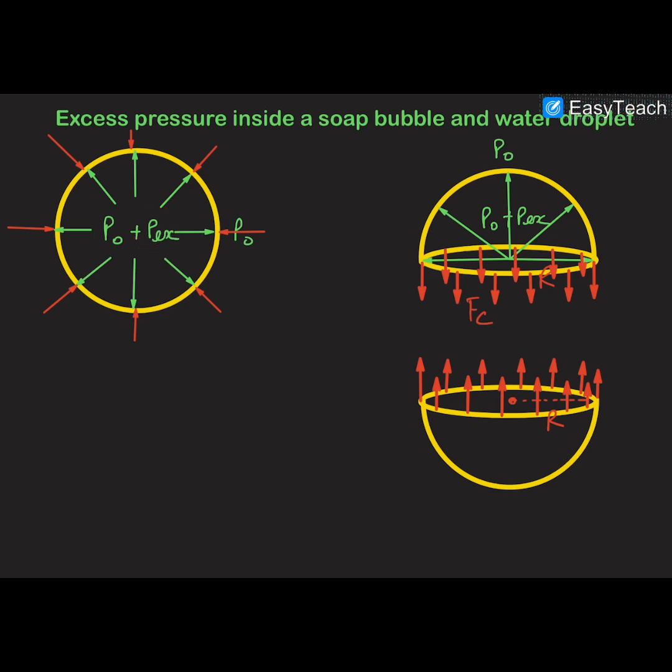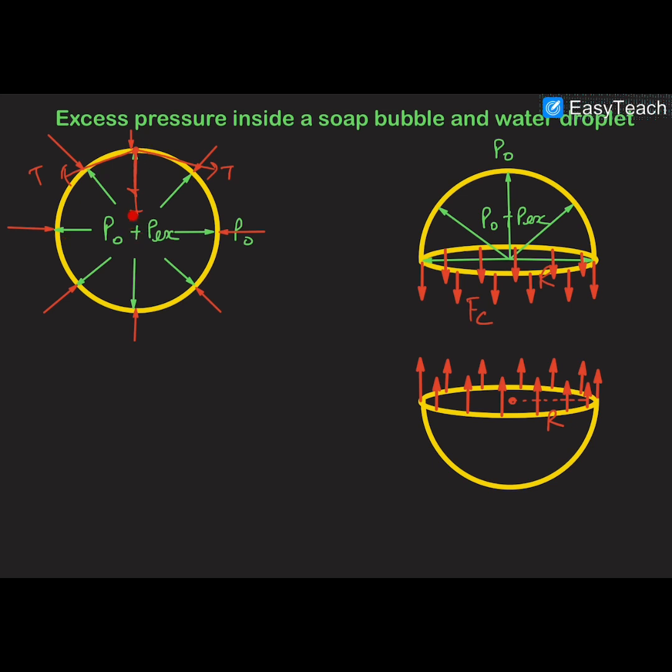So we know that a molecule situated on the surface of this liquid film is experiencing some cohesive force acting on it by the neighboring molecules, and due to this force there is a net force which is acting towards the center of this bubble.